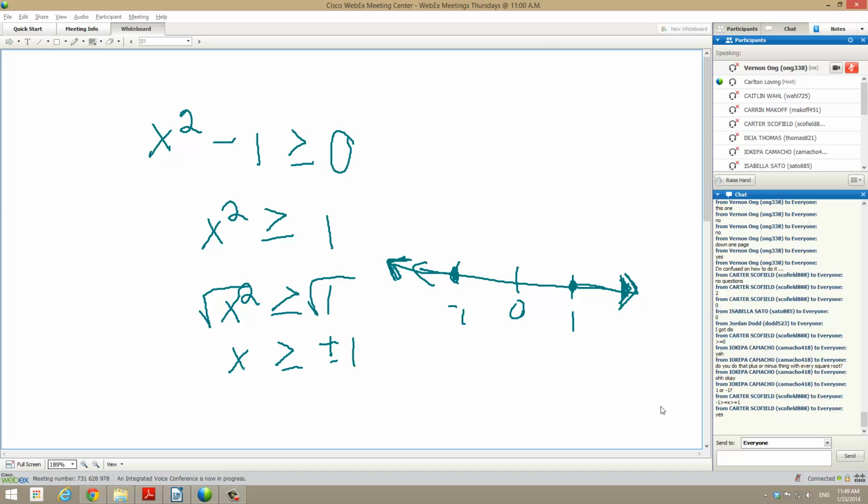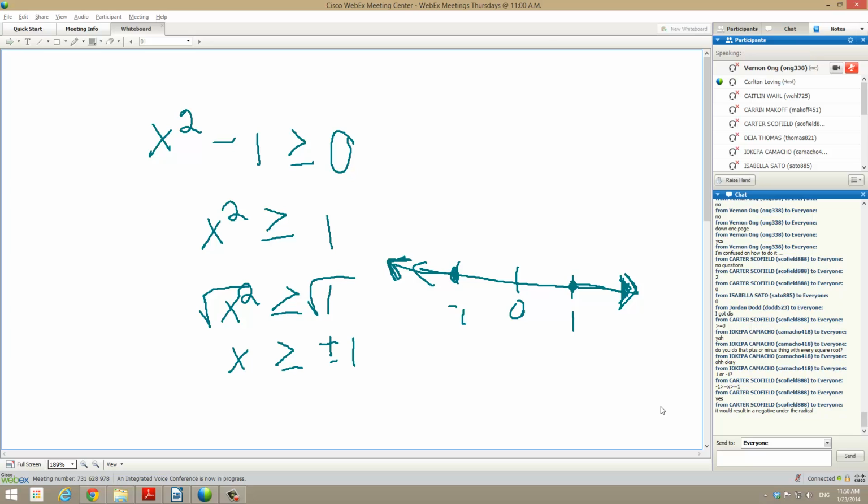Okay. Why do we not want it to be anything in between negative 1 and 1? Anything from 0 to -1, anything we throw in there, because we're squaring, it's going to become positive. So we have to make sure that that positive is big enough to overwhelm the -1 and not give us a negative under the radical sign.